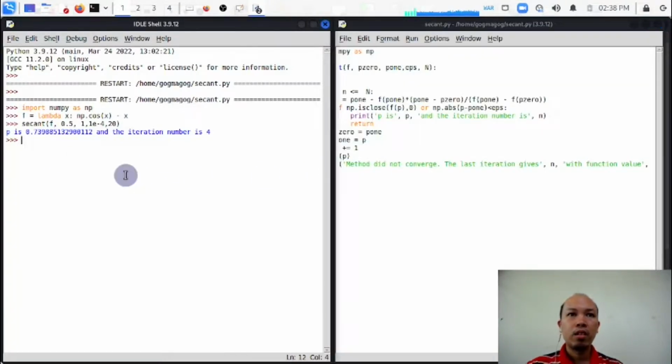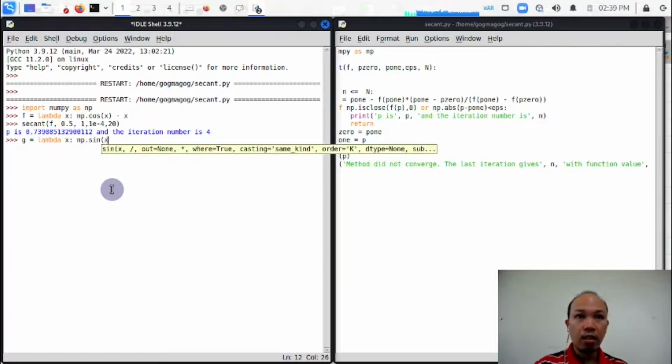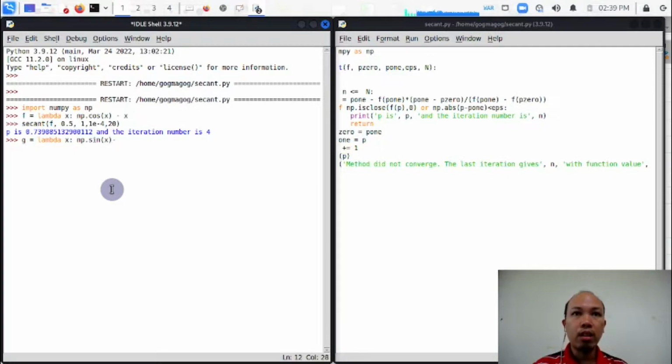So let's define our function. Let's say g equals lambda x, np.sin x minus np.exp of negative x.